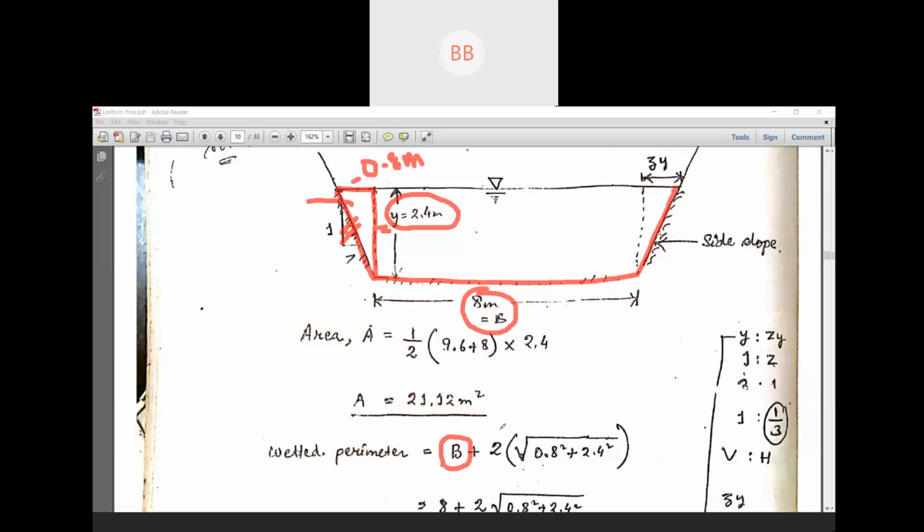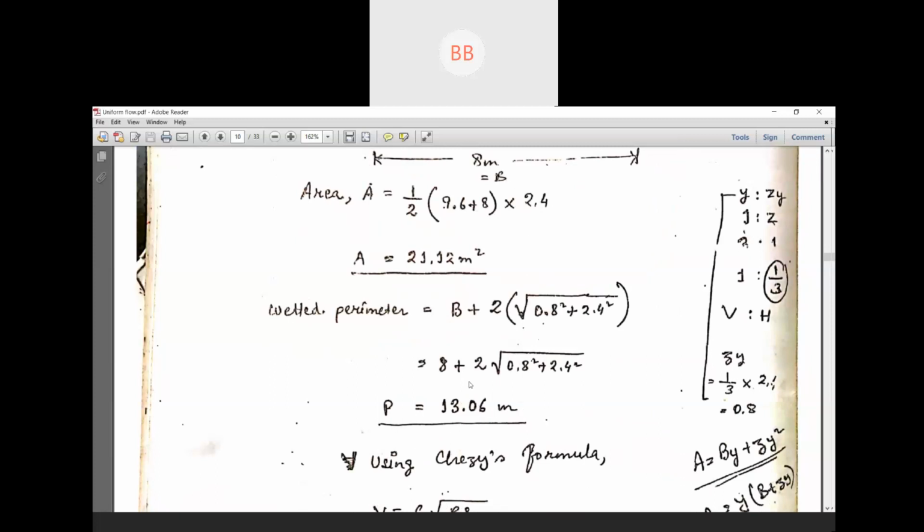That's why we have multiplied by 2, and then we have used the Pythagoras theorem here for the right angle triangle: square root of the squares of the other two sides, that is 0.8 whole square plus 2.4 whole square. You know this thing; we have already done lots of numericals related to the Pythagoras theorem in your 10th or 9th standard. So using the Pythagoras theorem we directly find out the wetted perimeter.